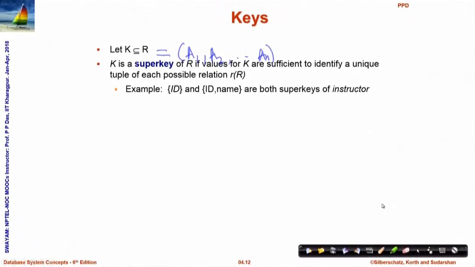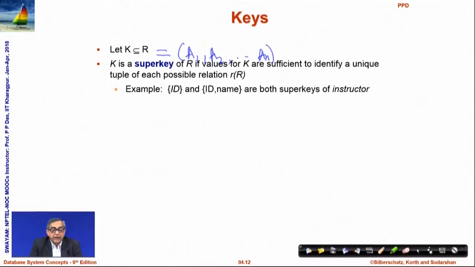Now, we will say that K is a super key of R if we consider the values of different tuples in the attributes of K, and we find that there cannot be two tuples which are different but match on these attributes. This means that the values of the attributes of K uniquely identify each row of the relation.